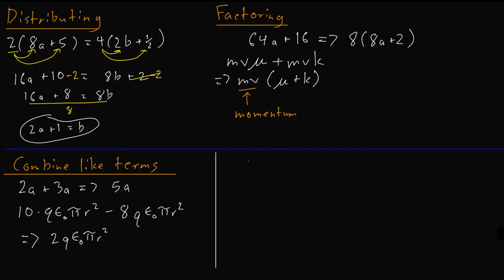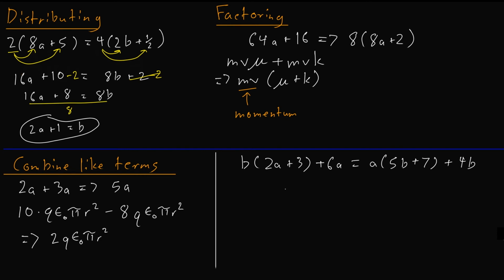Let's do one more example just to drive this point home on how we combine like terms. So we have b times the quantity 2a plus 3, and then plus 6a is equal to a times the quantity 5b plus 7, and then that plus 4b. Okay.